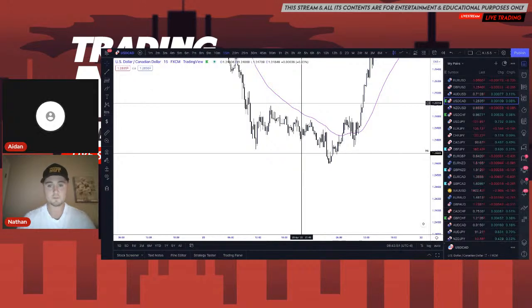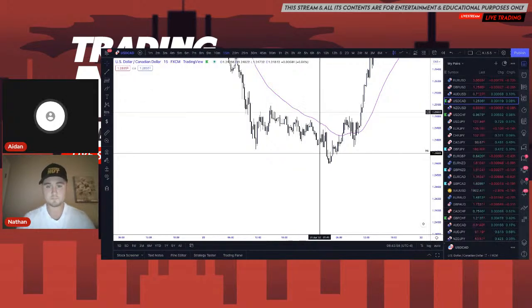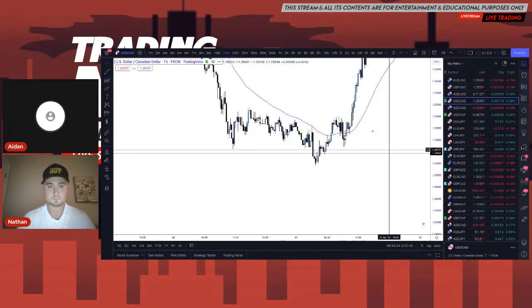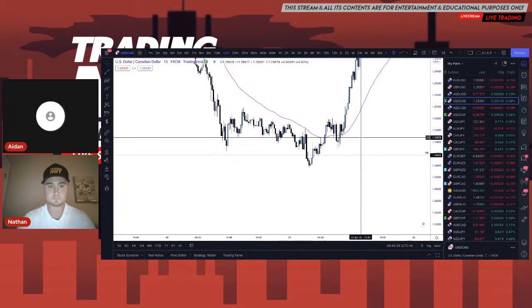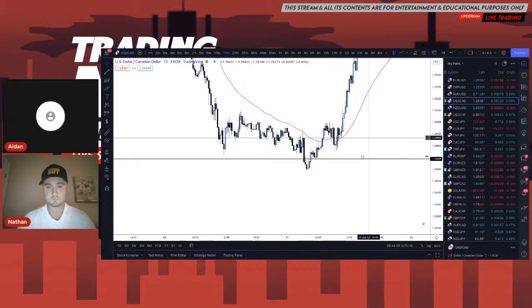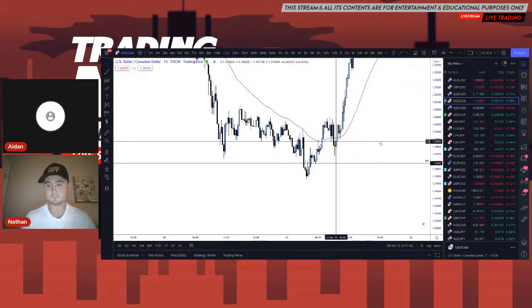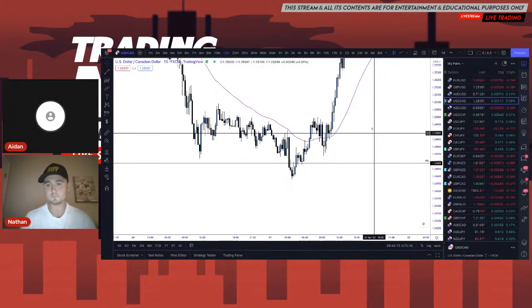Going back to what you were saying, oftentimes people look for what's pretty, what looks good. Through experience, it's almost always that the counter trend setups look good. They entice you.